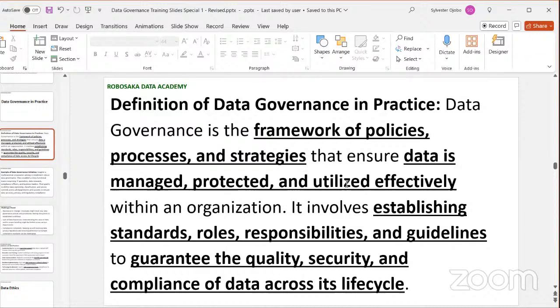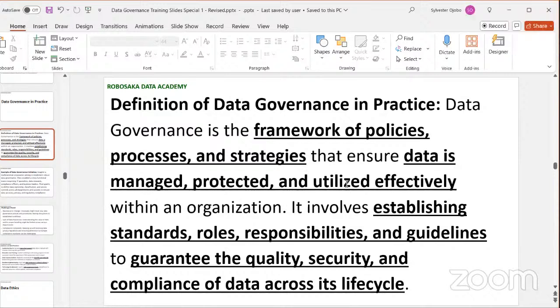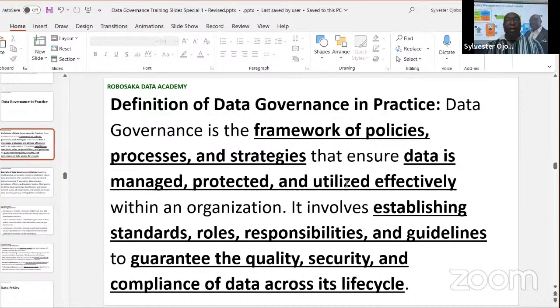Okay. So basically, in every data governance program you have, there must be best practice. One of the best practices is to prepare a framework of policies, processes, and strategies.